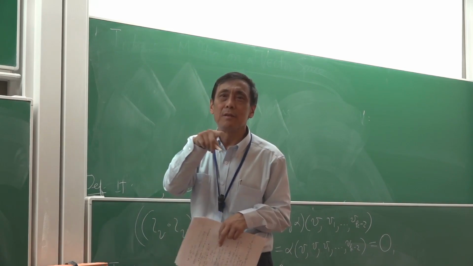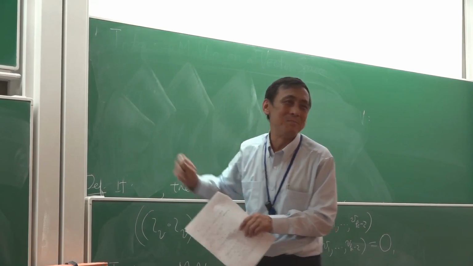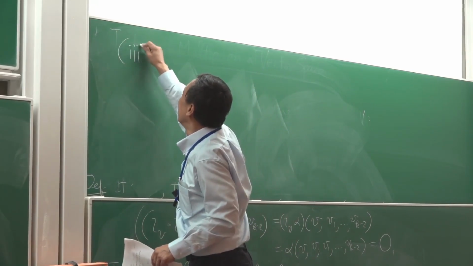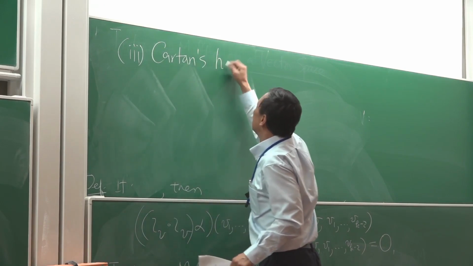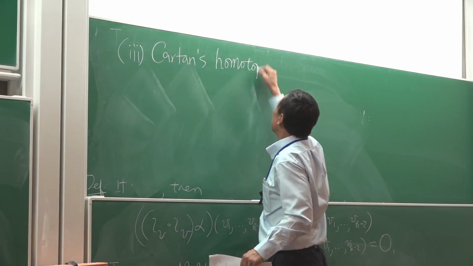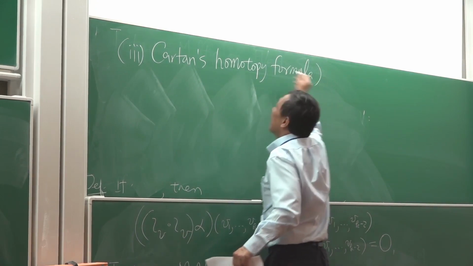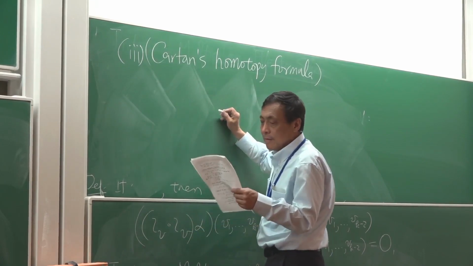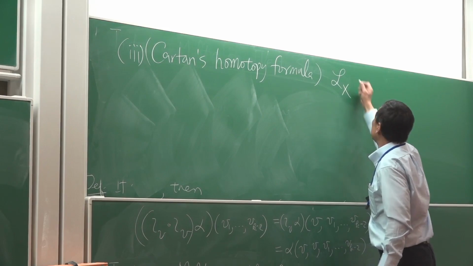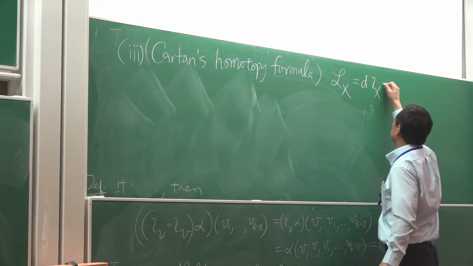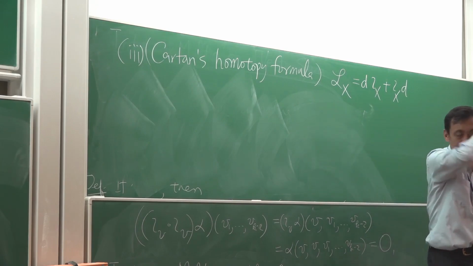Just a minute, I started at 3:30, so I still have a couple of minutes. Cartan's homotopy formula says that Lx is d Ix plus Ix d.